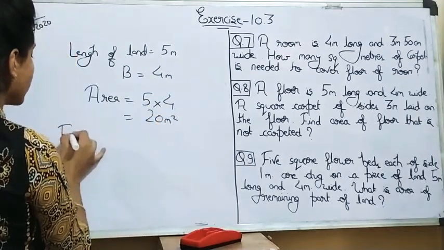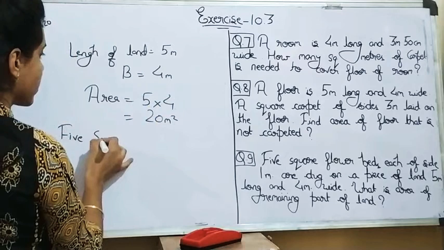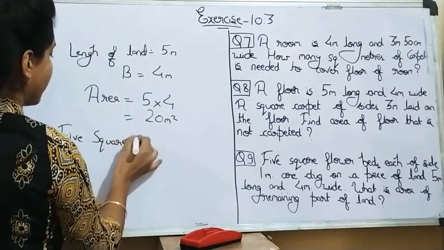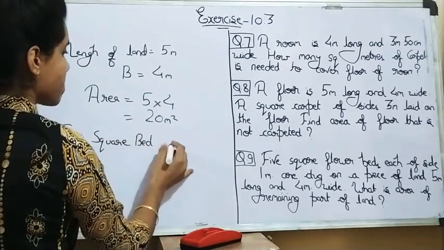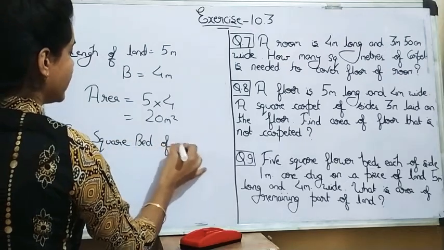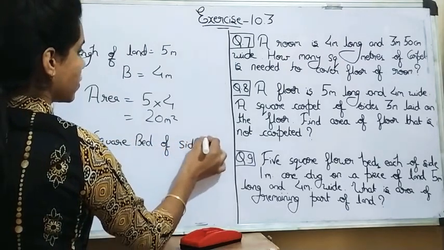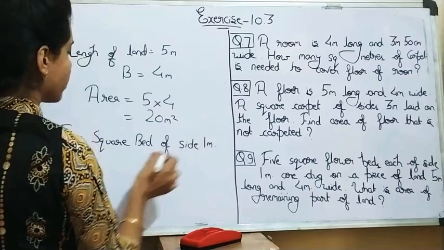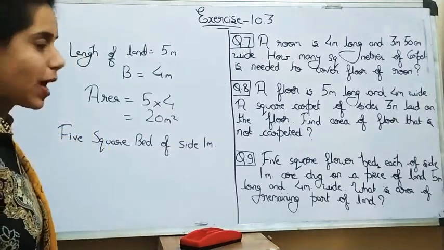Now 5 square beds of side 1 meter are dug.